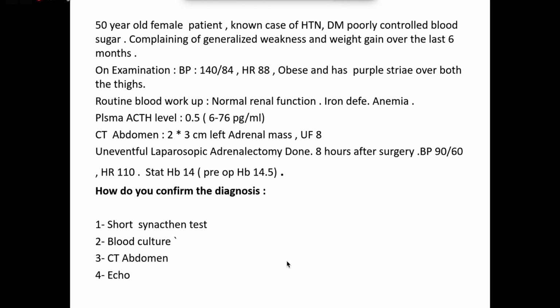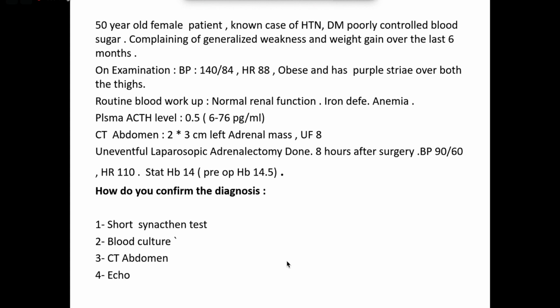And the most important thing is to rule out pheochromocytoma. So after the size, we check with the Hounsfield, enhanced CT scan. If it is less than 10 Hounsfield, then this cannot be pheochromocytoma. Pheochromocytoma Hounsfield is usually more than 10.